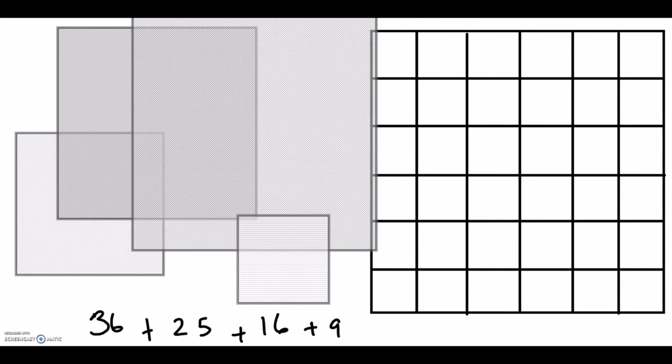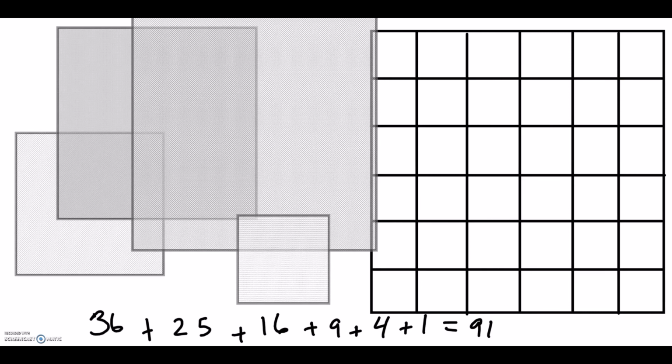And then of course we know that there is only one of the 6 by 6s. If we add all of these up, we should get 55 plus 36, which would be 91 total squares on the 6 by 6 checkerboard.